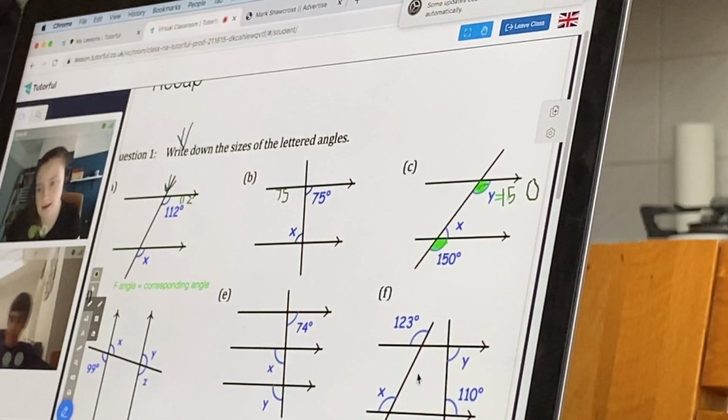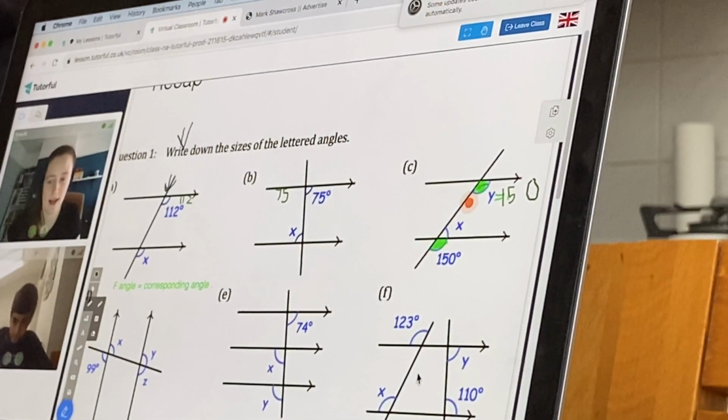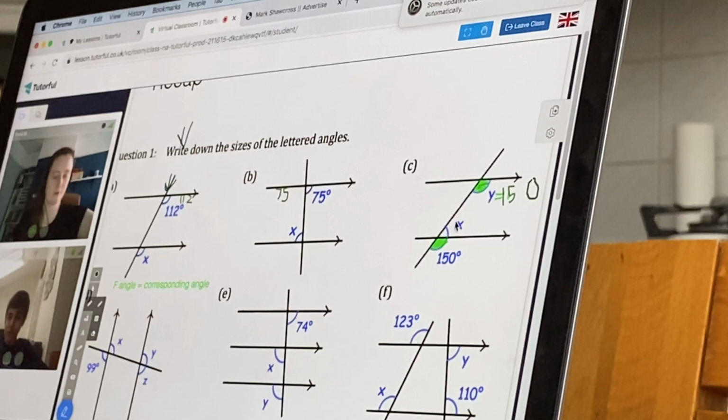Yeah, so can you see the angle x and the angle 150 form a semicircle because they sit on a straight line? So those angles add up to 180? So it's going to be 30. Brilliant. X is 30.